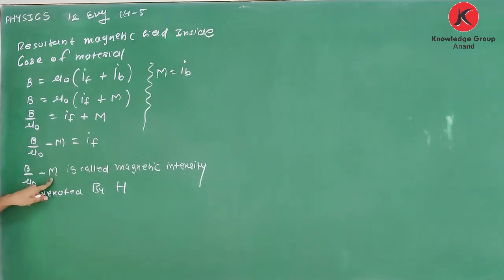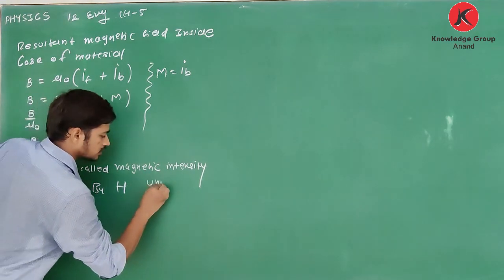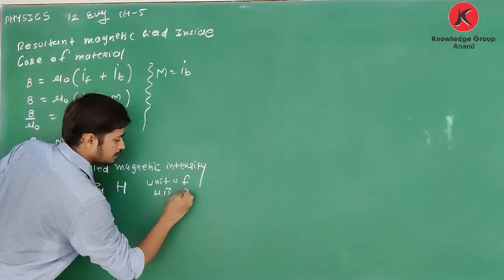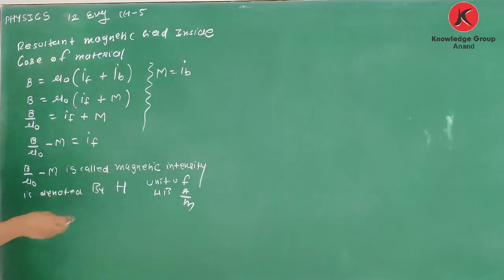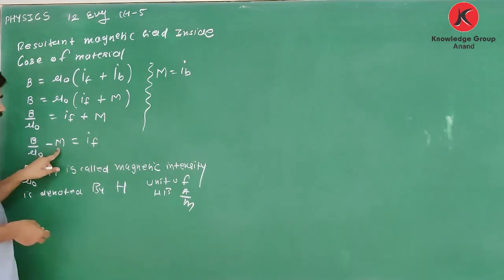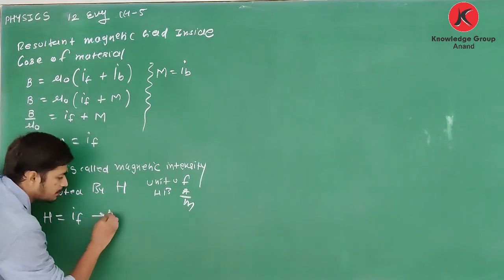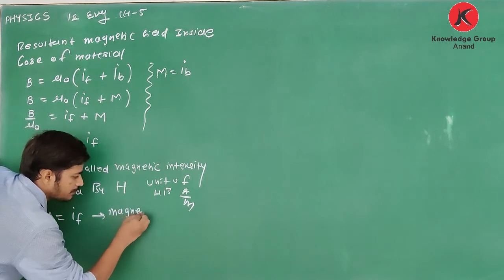As M is magnetization, its unit is ampere per meter. So the unit of H is also ampere per meter. Or we can say B upon mu 0 minus M is equal to IF and it is denoted by H, means H is equal to IF, which is nothing but magnetic intensity.